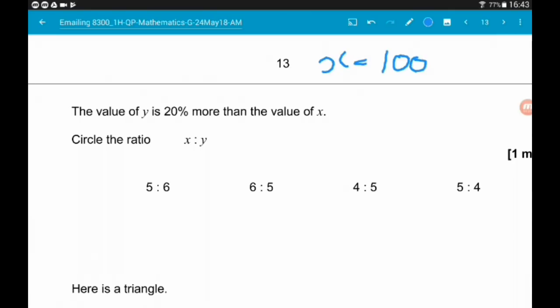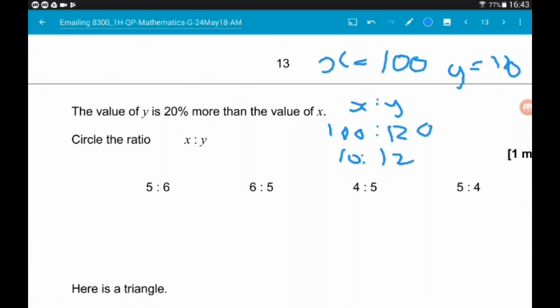So y is 20 more than x. So y is 120. So we can say x to y is 100 to 120, which is 10 to 12, which is 5 to 6.